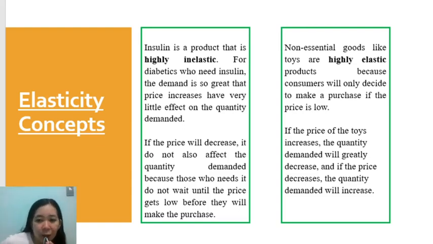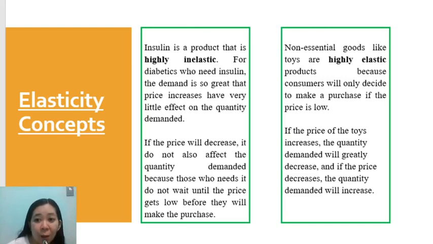By the way, insulin in this case is considered to be an essential good. What about on the other side? For non-essential goods like toys, they are actually highly elastic products. Why?